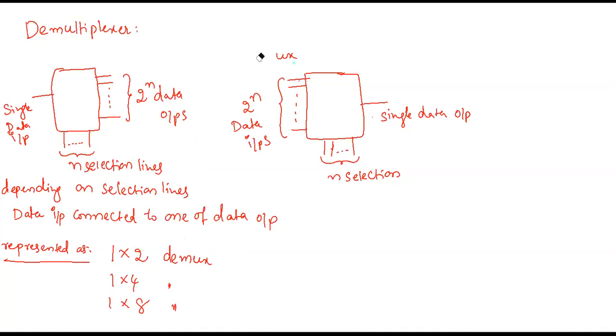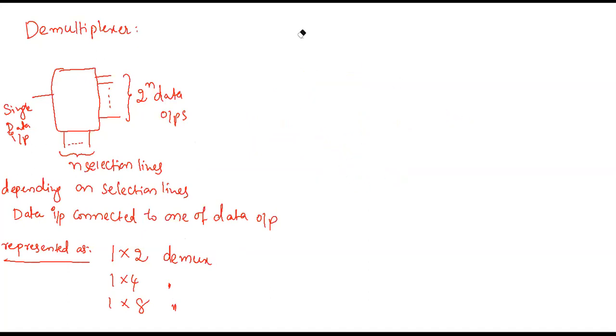We will see the 1 by 2 demultiplexer. It is having a single input. This first one indicates the single data input, and the 2 indicates two data outputs, and this is 2 to the power of 1.